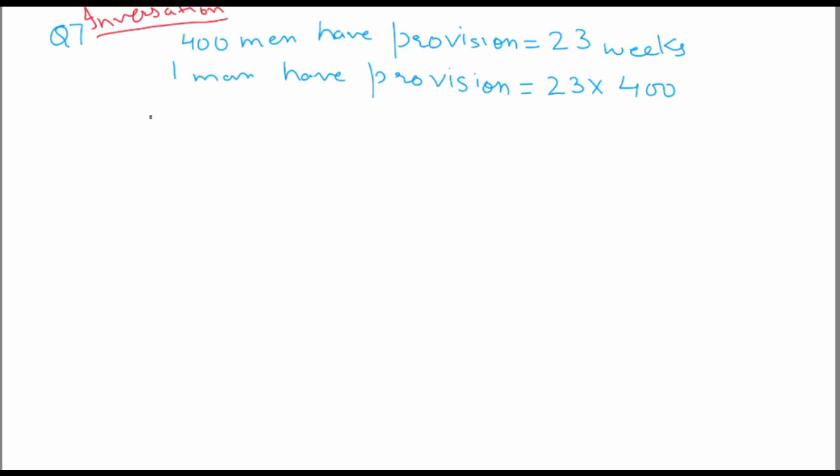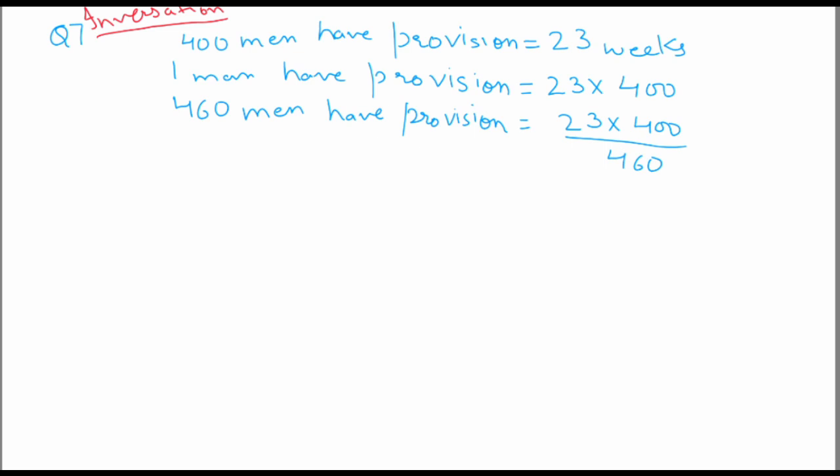Then 60 more men are added. That means 460 now. So 460 men have provision (23 into 400) over 460.